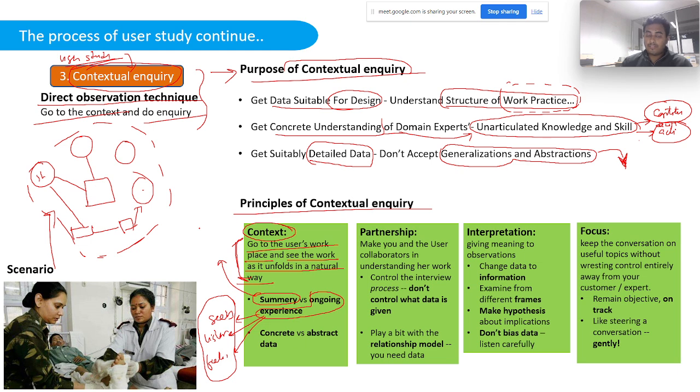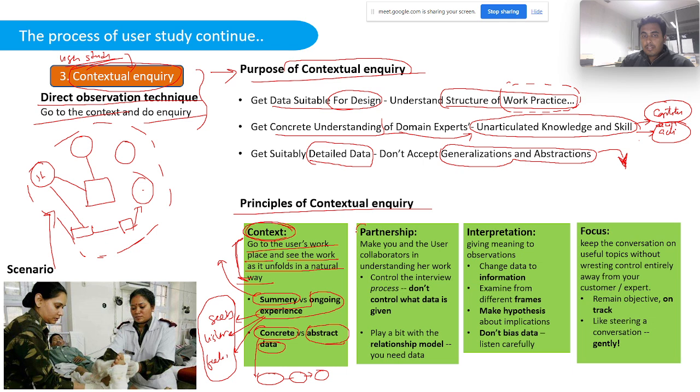Another difference from the interview technique is that here we get concrete information. That means we know exact details about tasks, stakeholders, their relationships, and their influences, rather than abstract data which lack detailed information. So this is the first principle.